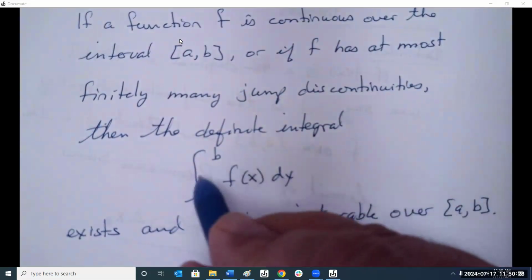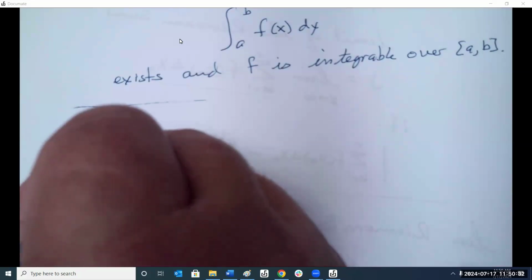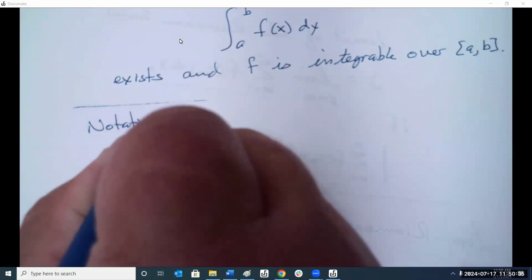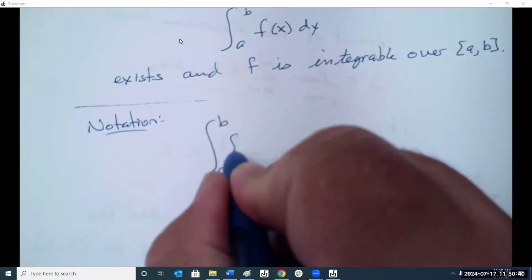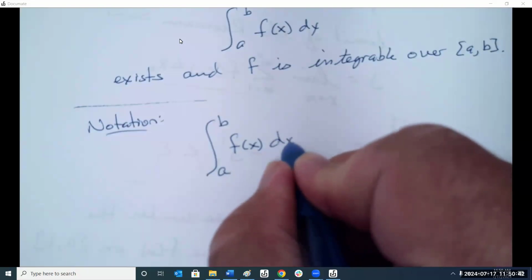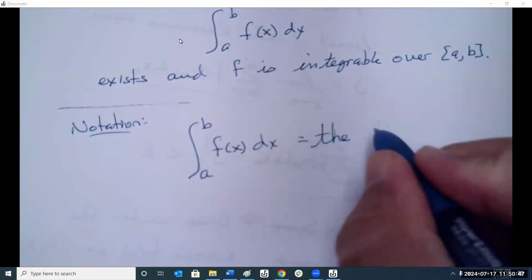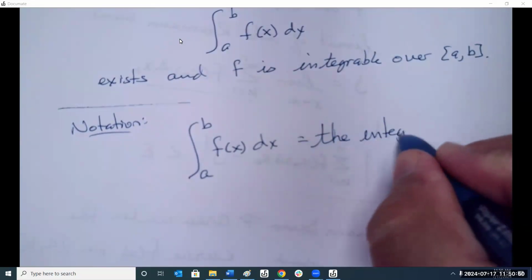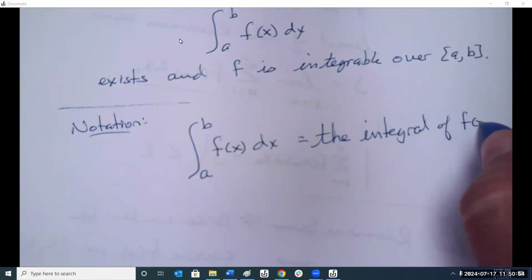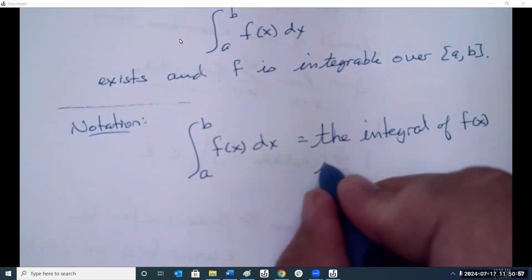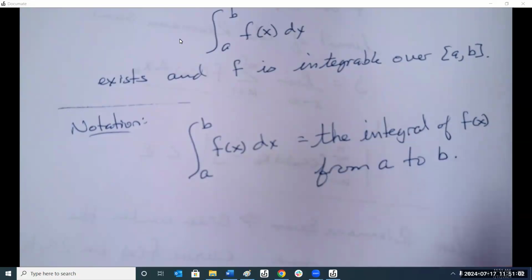So let me tell you how to read this symbol here. The integral of f of x from a to b.